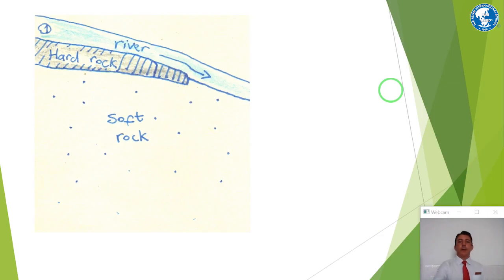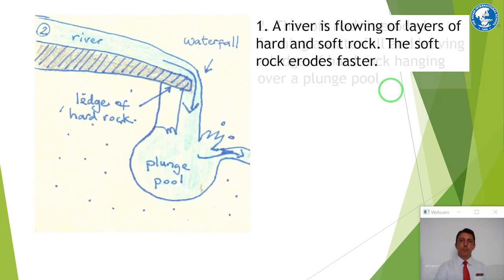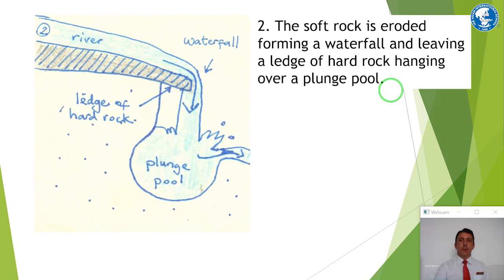So here are some diagrams I drew, and you will have to be able to draw similar diagrams to explain how a waterfall forms. So number one, the river is flowing over layers of hard and soft rock. The soft rock erodes faster. The soft rock is eroded, forming the waterfall, and leaving a ledge of hard rock hanging over a plunge pool.